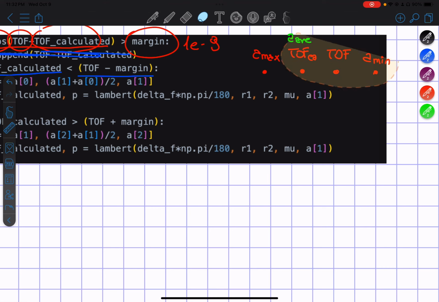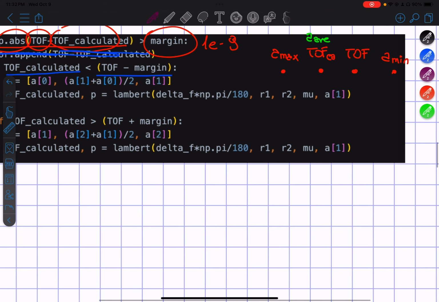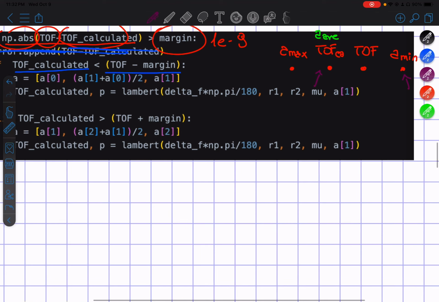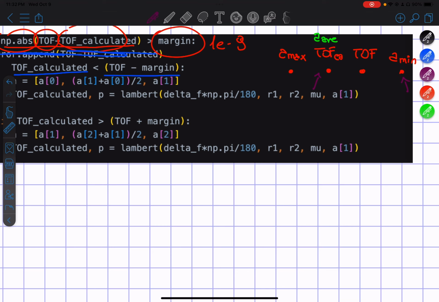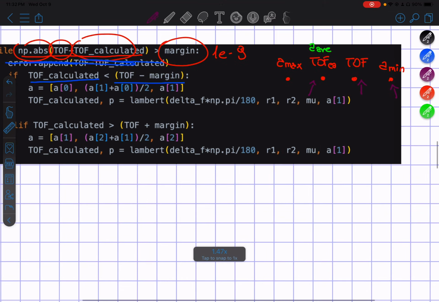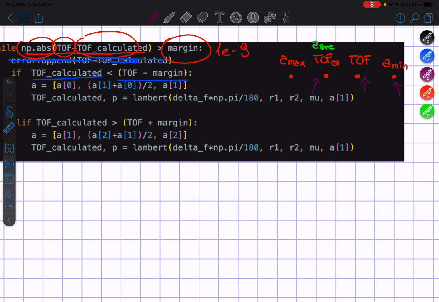Now your new axis will contain this. So on the left side, we're gonna have the time of flight that we have here, and on the right side, we're gonna have the A min. So it keeps doing this, and then we're calculating a new A average that is going to be positioned in here. And then, of course, I recalculate the time of flight for the new Lambert, just the Lambert function. It contains all the calculation I need to do.